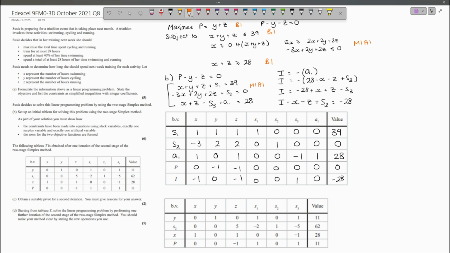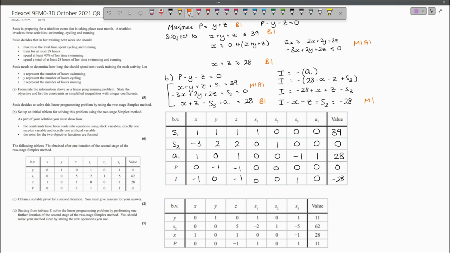For the one equation that uses a surplus and an artificial variable that gains an independent accuracy mark, and then rearranging the I equation to get I subtract x subtract z plus s3 equal to negative 28 would gain a method mark, an M1 mark. And the mark for p subtract y subtract z is implied from part A.